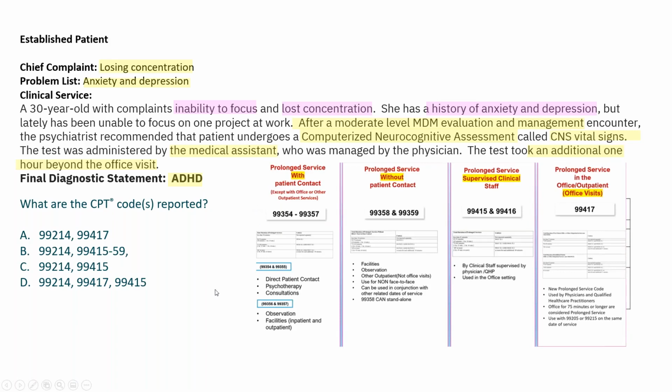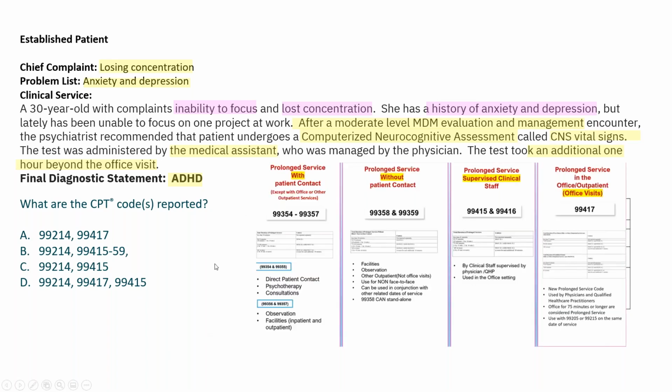As a sidebar, remember we said that 99417 can only be used with 99205 or 99215, right? So A is coding 99214 with 99417, and so is D. So those two are eliminated right away.